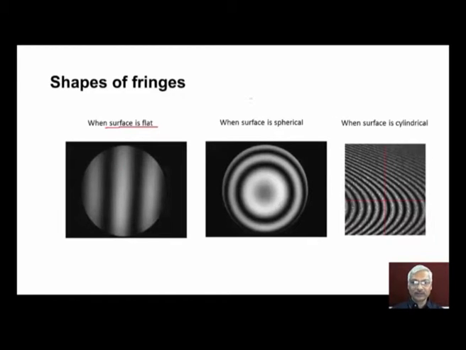When the surface is spherical like this, then we get the fringe pattern like this, concentric circles. And when the surface of the workpiece is cylindrical in nature, then we get the fringe pattern like this.